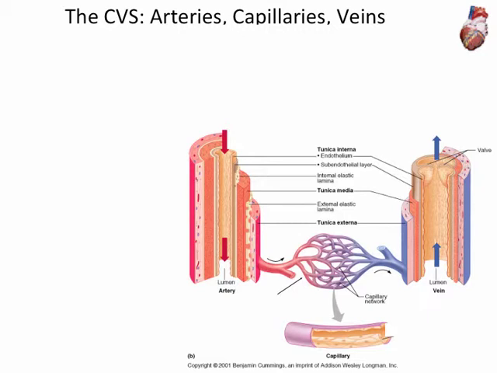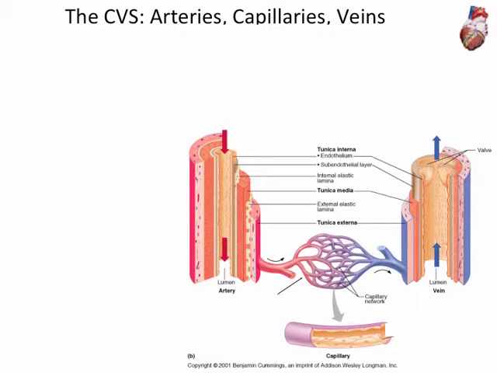So fibroblasts make the collagen and elastin that are the molecules of the tunica media, and then the smooth muscle cells in the tunica media are actually able to constrict or relax, causing the blood vessel to, in the case of a vasoconstriction, constrict. In the case of vasodilation, the blood vessel will dilate or relax or get bigger.